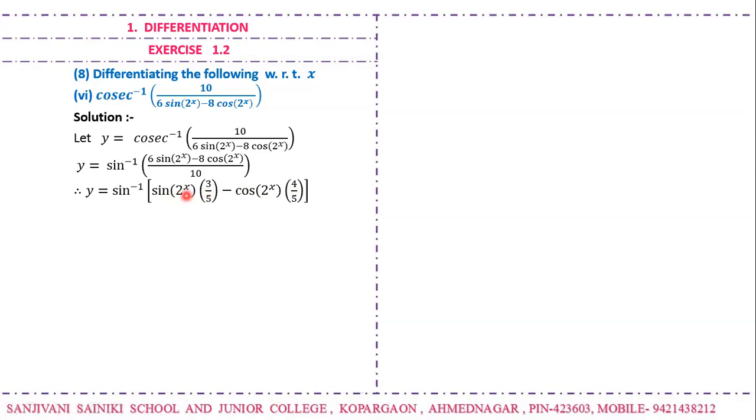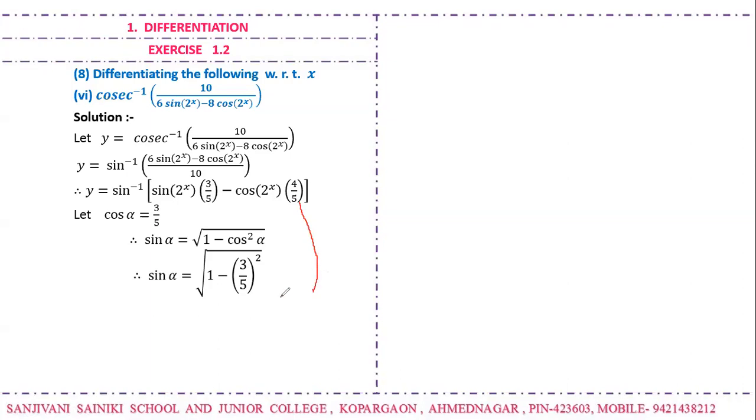For that, I have to take this 3 upon 5 as cos alpha, and this 4 by 5 must be equal to sin alpha.